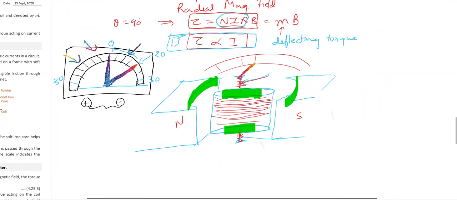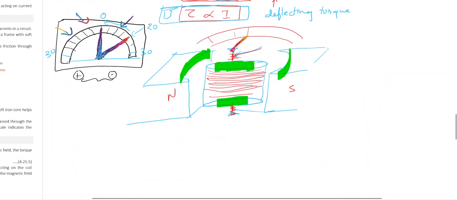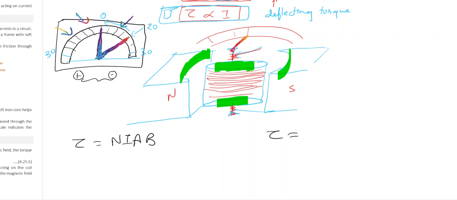So now we are talking about two torques simultaneously. One torque is NIAB and the other torque is K phi. What is this called?